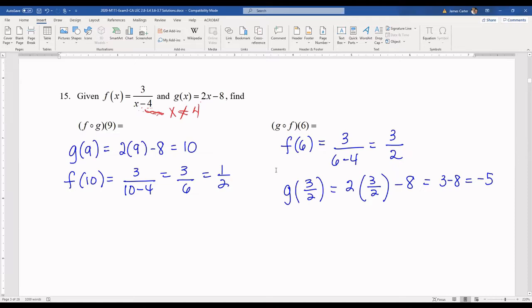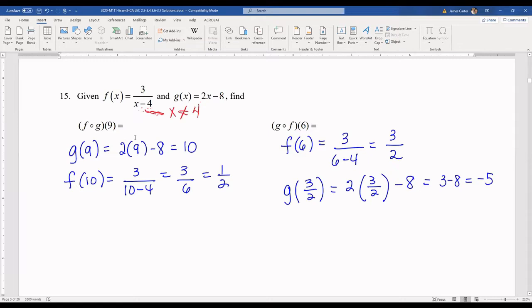Okay, here we have a rational one, so we've got to look at any values that we can't use. So we can't use positive 4 because that would give us an undefined value. So we do g of 9. Okay, so I take 2 times 9 minus 8, which gives me a value of 10.